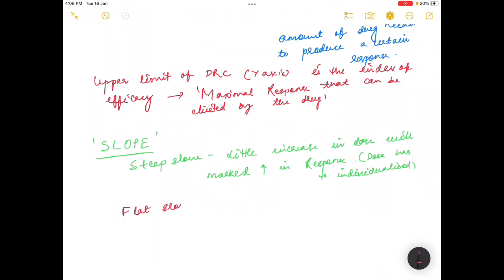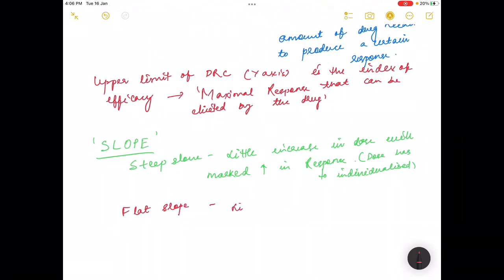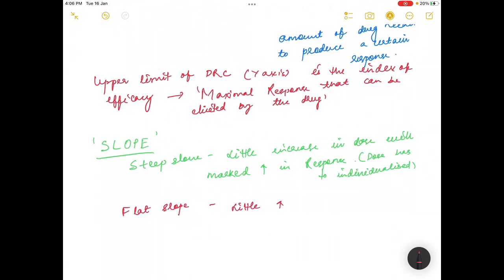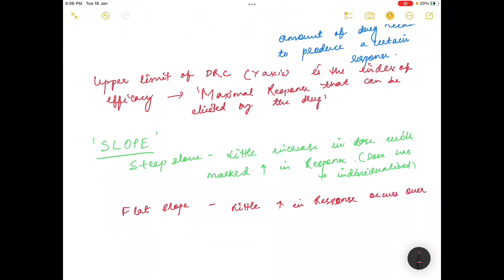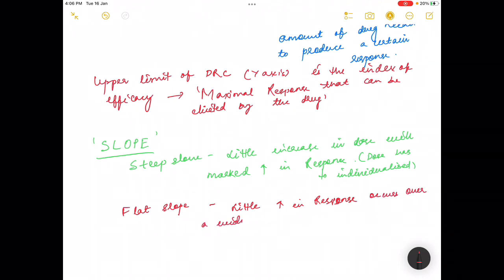Flat slope, little increase in response occurs over a wide range of dose.